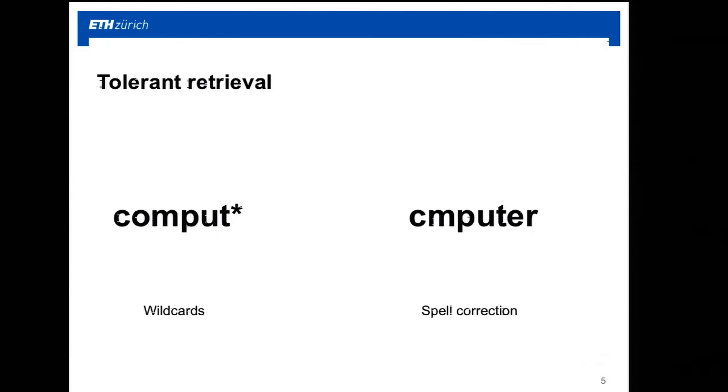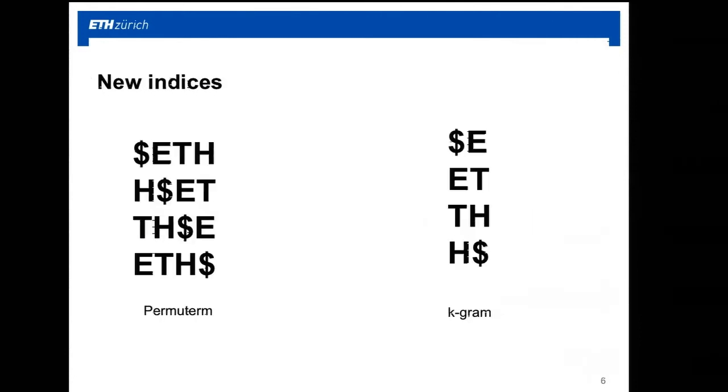And we've seen how to extend the index, for example, with supplementary indices like the permuterm index, which rotates all of the possibilities for the word, and the k-gram indices, which are able to retrieve a word, for example, for ET that contains the two letters E and T next to each other. So this is called k-gram.